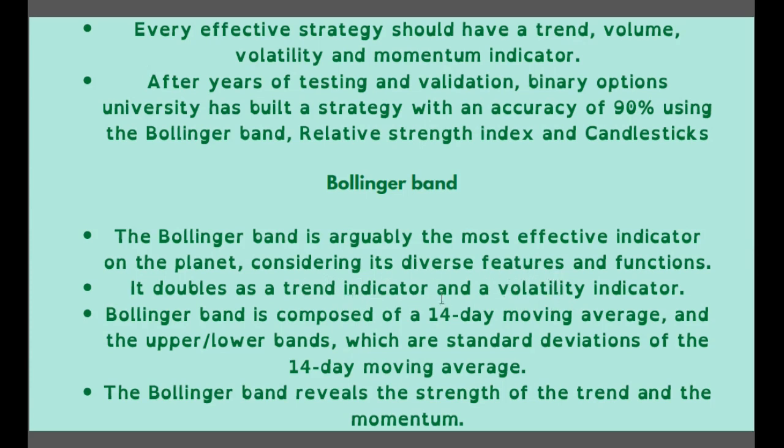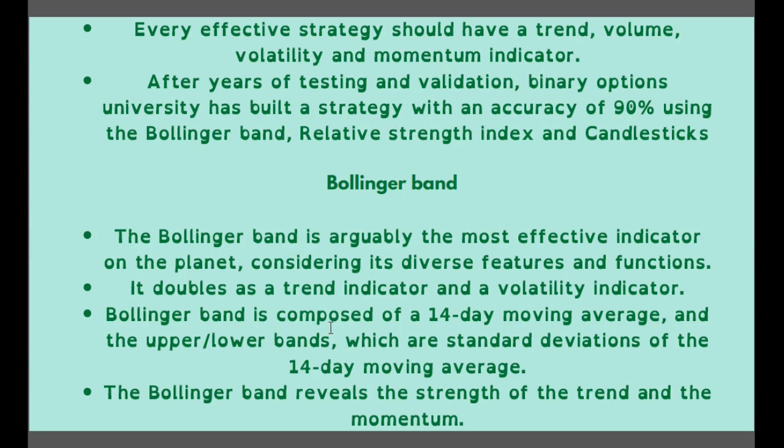So it doubles as a trend indicator and a volatility indicator. The Bollinger Band is not just a volatility indicator, it's also a trend indicator. That's why you have the middle band, the middle moving average, and the upper and lower bands.